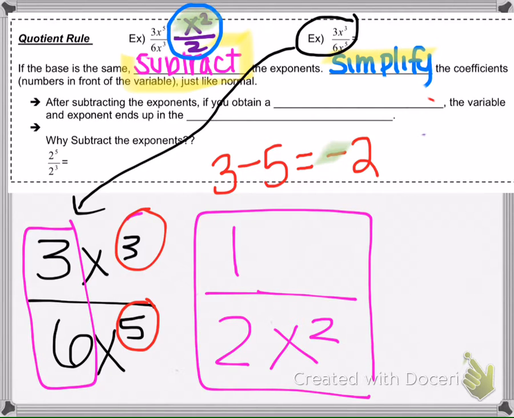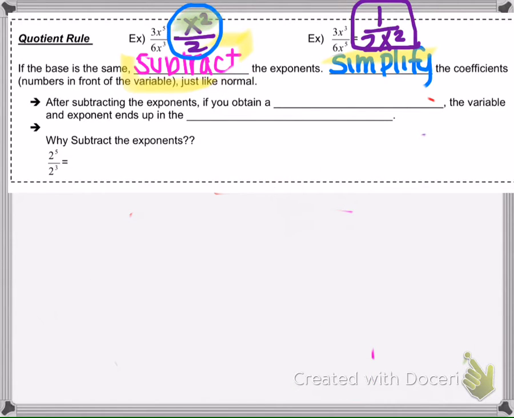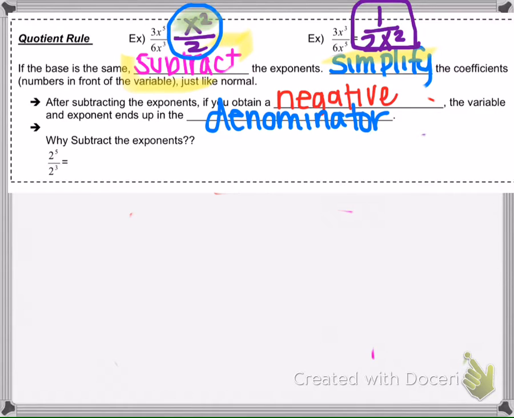A negative exponent just tells us that that base and exponent is going to end up in the denominator. So if we continue with our notes up here, after subtracting the exponents, if you obtain a negative, the variable and exponent ends up in the denominator.